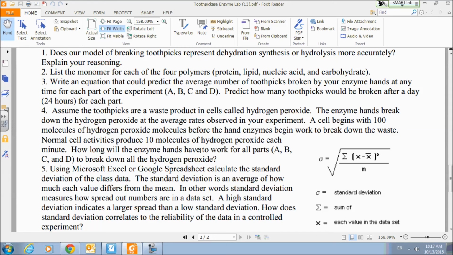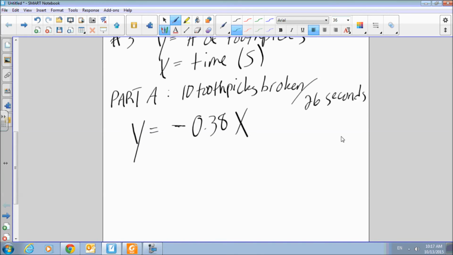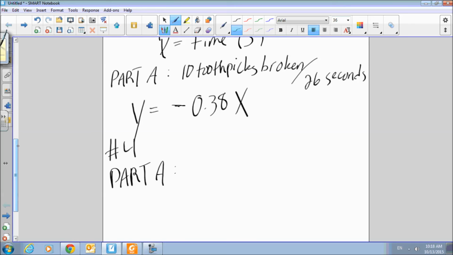If a cell's functioning, it's going to be constantly producing waste. How long will the enzyme hands have to work for all parts to break down the hydrogen peroxide? Well, let's stick with part A. We already have a representation of how many toothpicks are broken down on average each second.